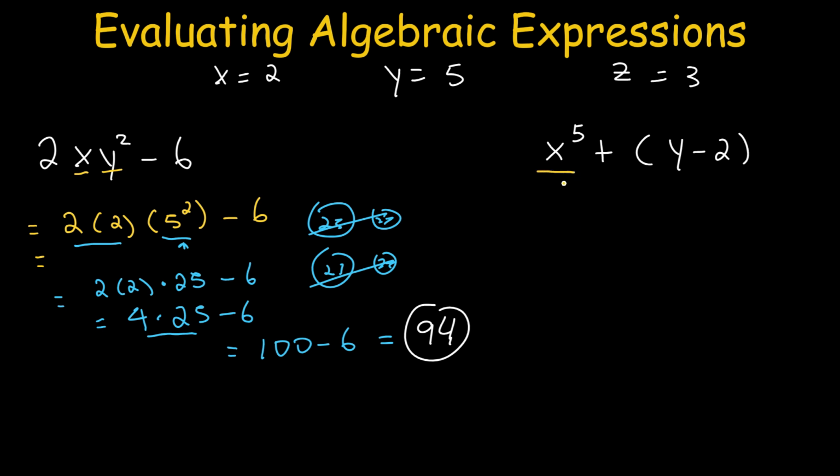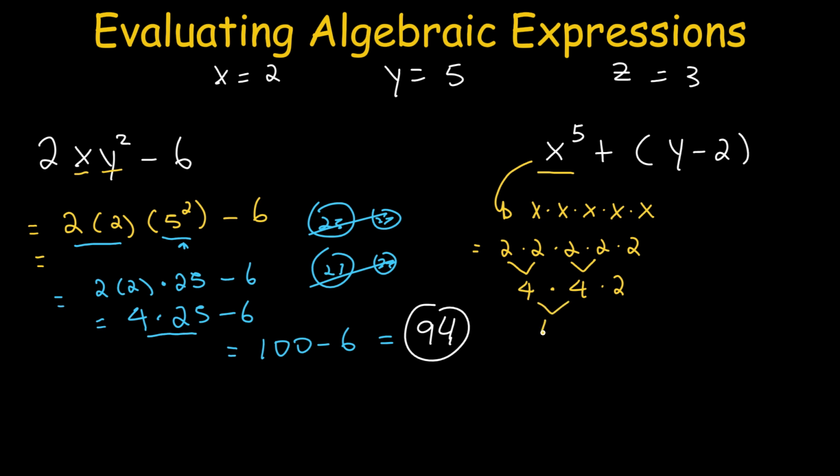Right, let's solve the next problem. So we have x to the 5th power. This is the same as x times x times x times x times x, 5 x's. Now let's replace the x's with 2. So we will have 2 times 2 times 2 times 2 times 2. Now let's group: 2 times 2 will be 4, 2 times 2 will be 4, times 2. 4 times 4 is 16, and 16 times 2 will give you 32.